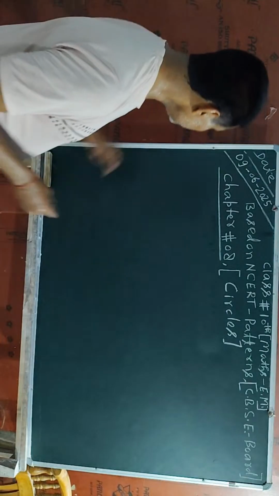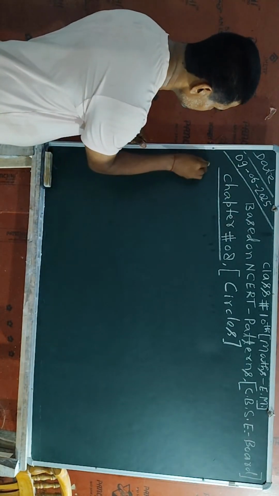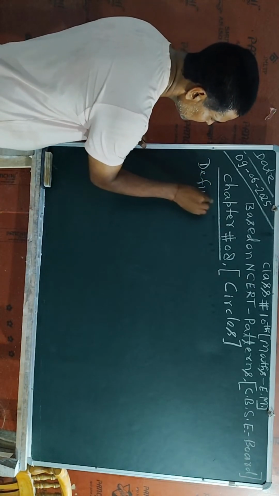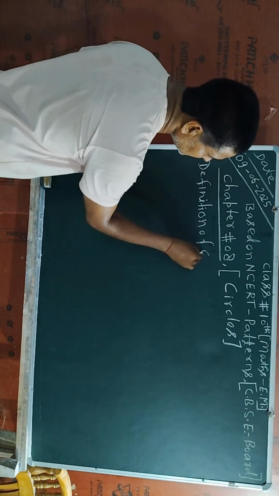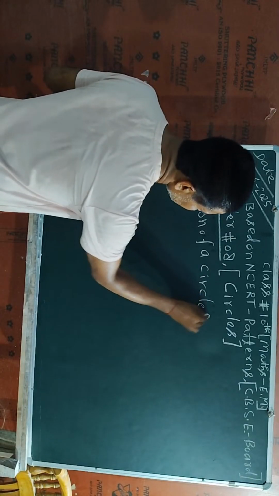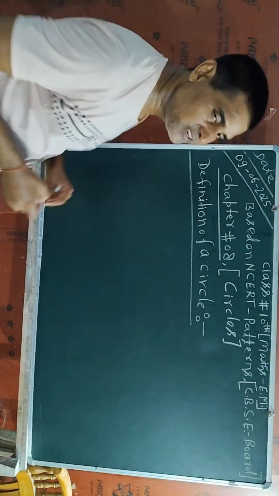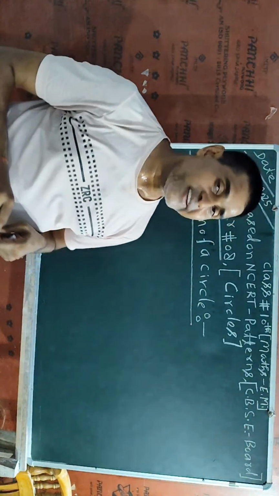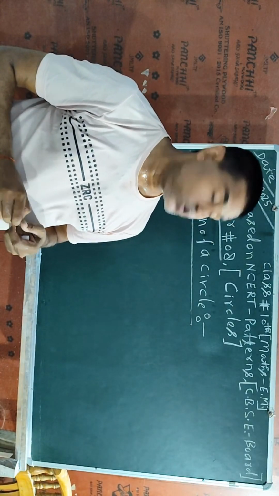Now here I am going to write the definition of a circle. What is the definition of a circle? I am going to explain it here, and its geometrical meaning in detail, because coordinate geometry is the main part of pure mathematics.